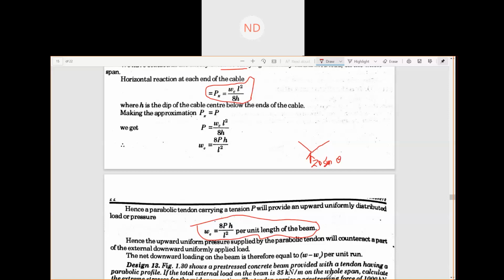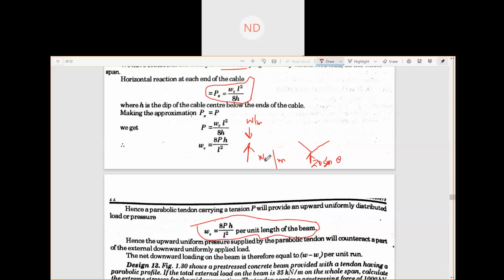So the net downward load obviously would be, if you have a parabolic profile of tendon and you have a load of W per meter length, then you obviously have an upward thrust in your parabolic bend tendon also. So that is WC per meter run.